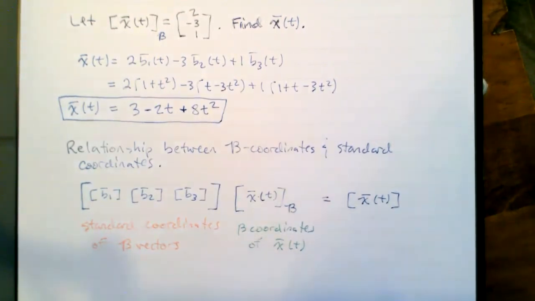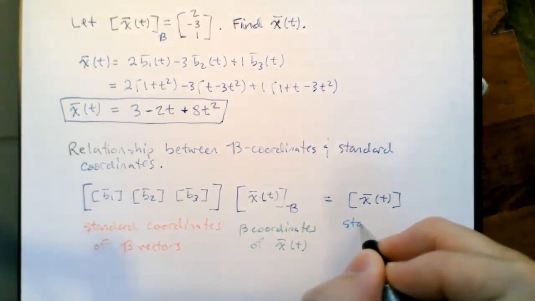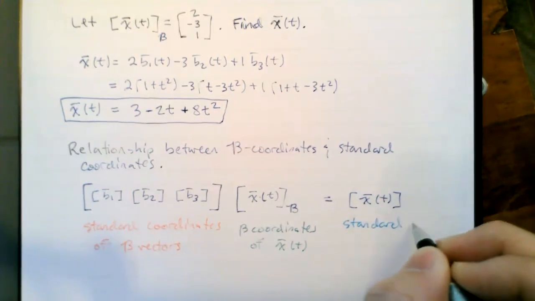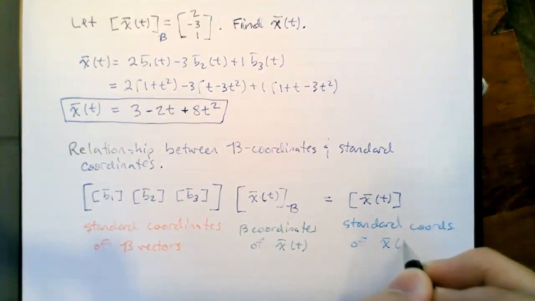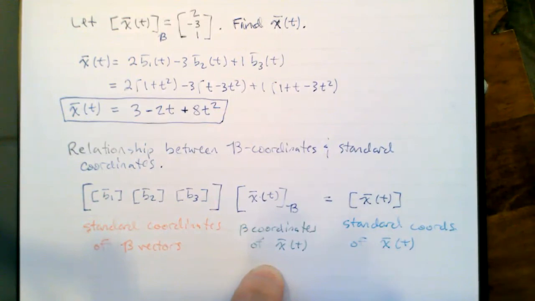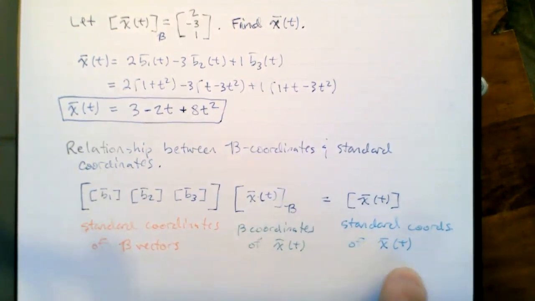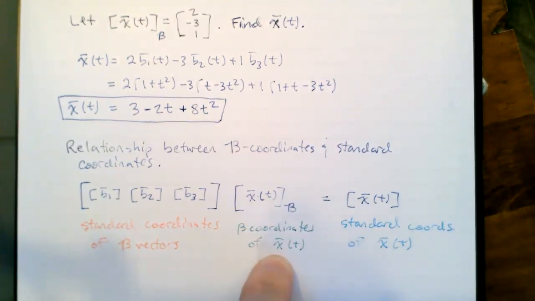So I have to make sure that over here on this side, we are looking at the standard coordinates. And so here's the matrix equation that gives us the input-output game: plug in the inputs to get the outputs, or plug in the outputs and solve for the inputs.